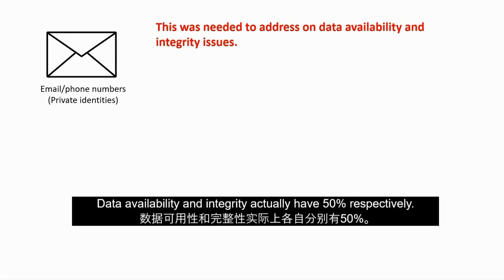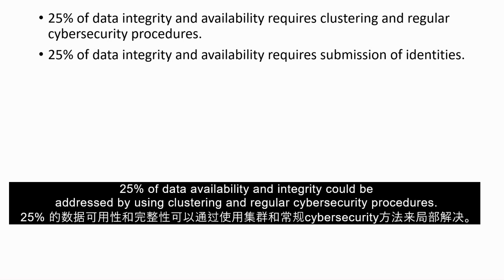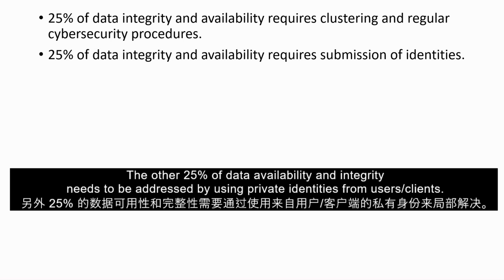Data availability and integrity actually have 50% respectively. 25% of data availability and integrity could be addressed by using clustering and regular cybersecurity procedures. The other 25% needs to be addressed by using private identities from users or clients.